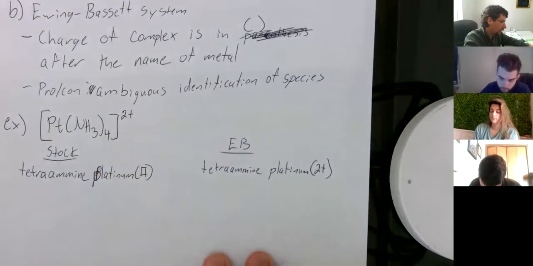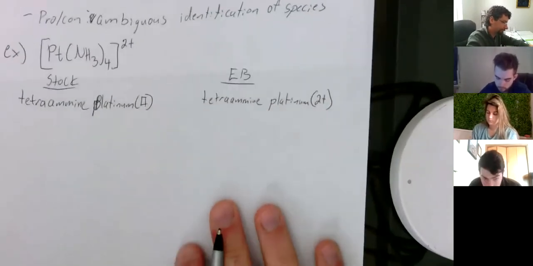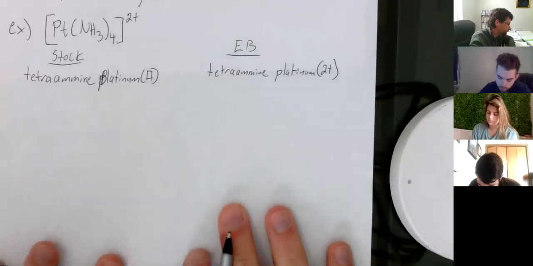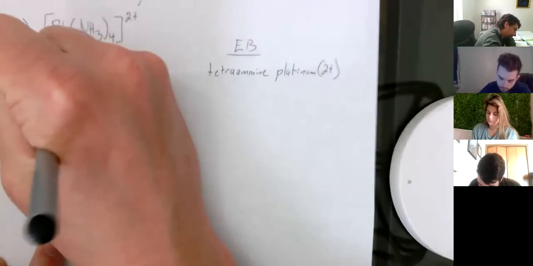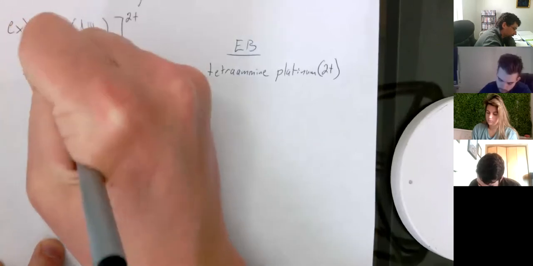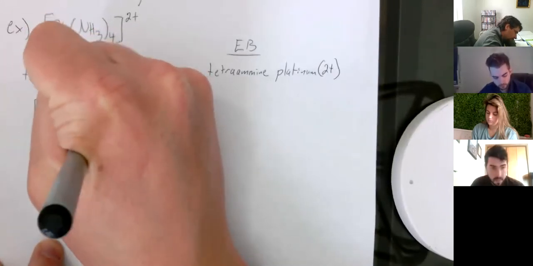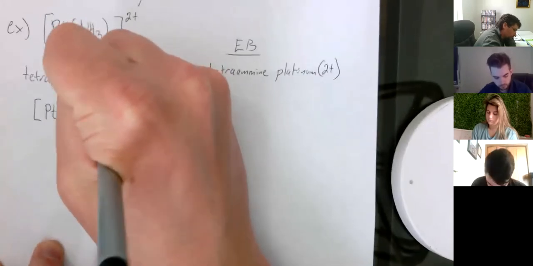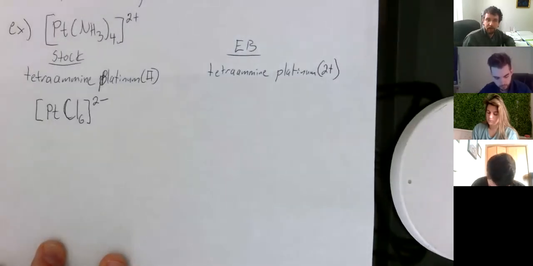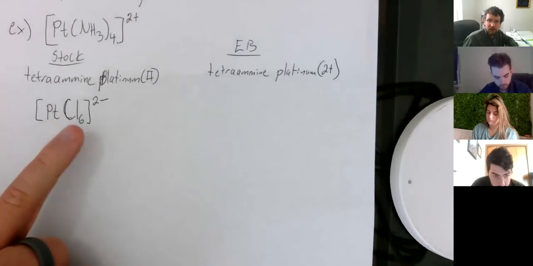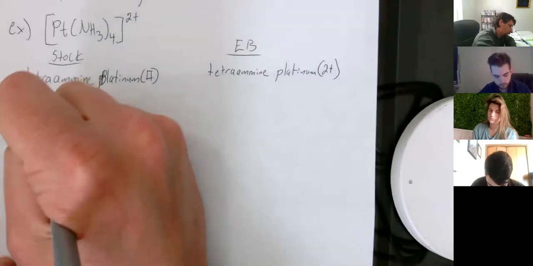Let's look at a more complicated system. That guy. PtCl6 with a 2- charge.